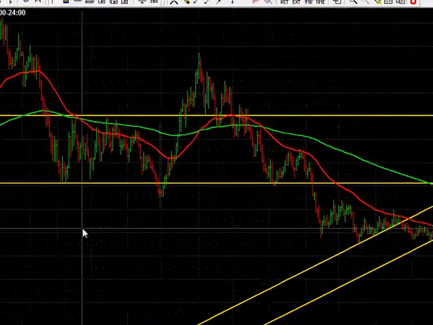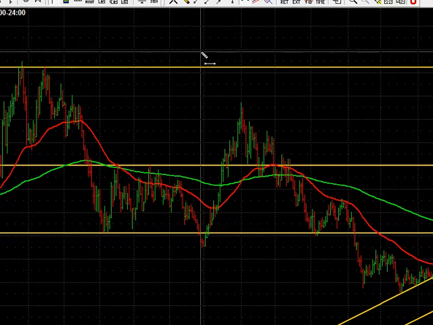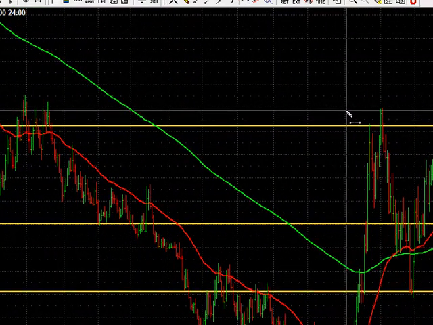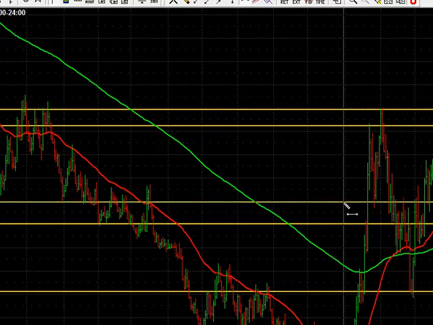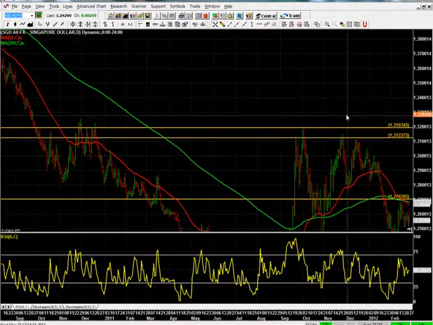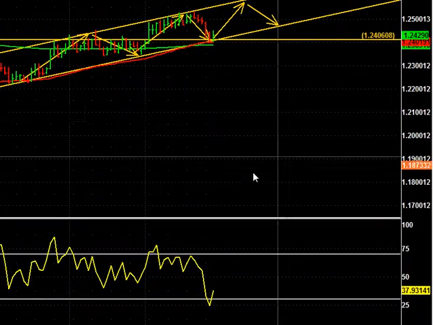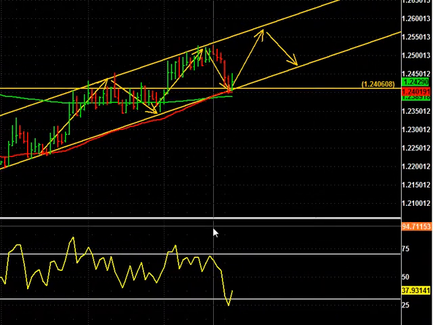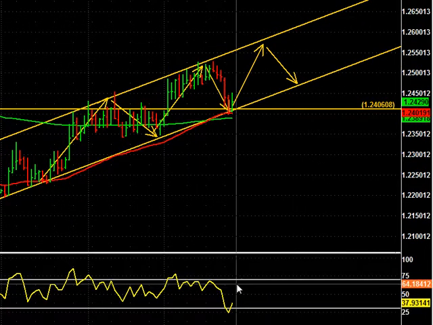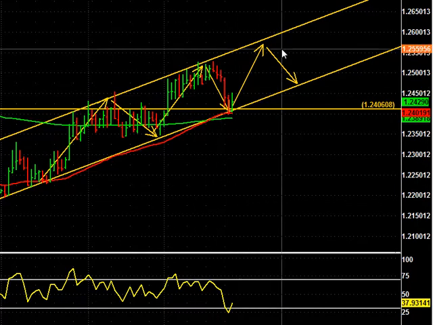So we can call it a level there, and that's the ceiling of the house up there, and there's another level up here as well, there, and let's see, nothing there. Right, so this is what is happening. It's making higher highs and higher lows, going up, hook on the RSI, bouncing off the 50, and a powerful level there as well.